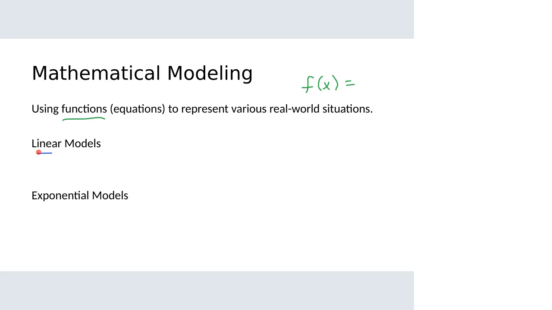And linear models are exactly what you would think. If you were to graph it, it would make a line. And exponential models, where if we were to graph it, it would make a curve. When we talk about linear models, we can talk about linear growth, meaning the line would go up from left to right, or linear decay, meaning it would go down from left to right.